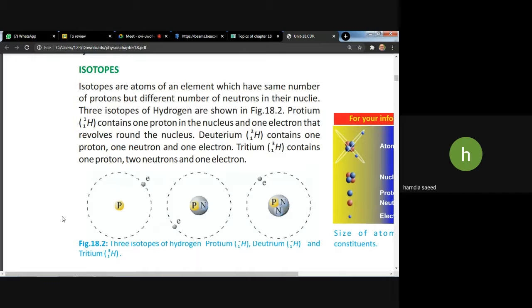Sir, I made the diagrams and the text also. Okay.